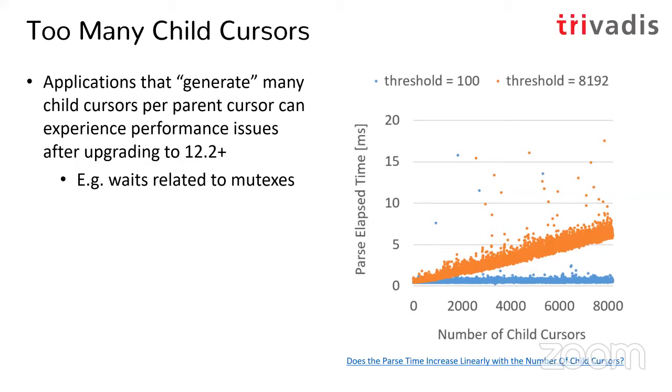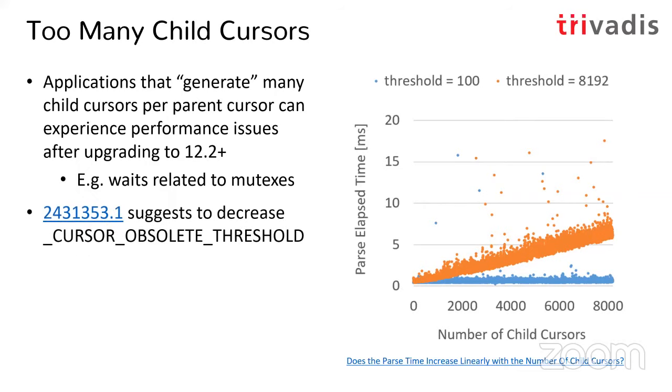Okay, and since, as I mentioned before, in 12.2 Oracle increased the number from 1,000 to 8,000, what we noticed with a number of our customers is that we had to change the cursor obsolete threshold to a lower value.